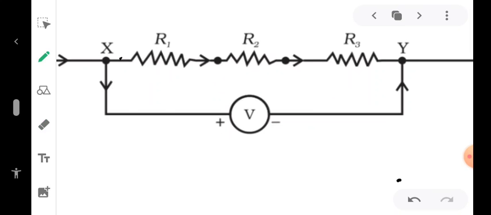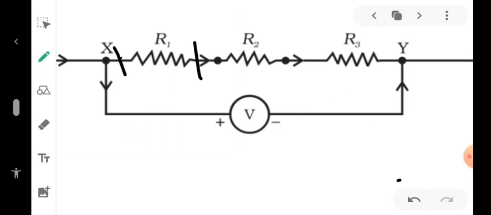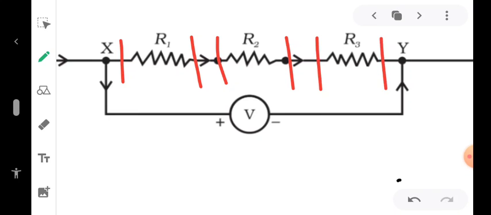Once again I will repeat what a series connection is. There are two terminals in a particular resistor: terminal 1, terminal 2. This is the first resistor, this is the second resistor, this is the third resistor.